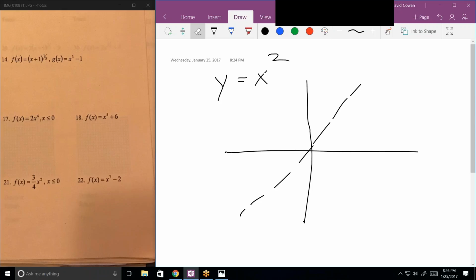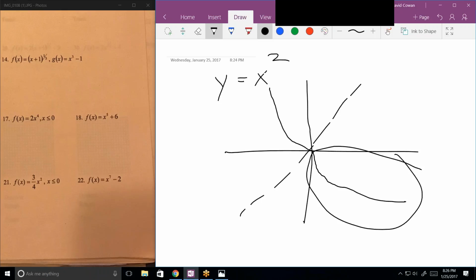So it's this part only that I'm going to reflect about that line, and that comes out to be the bottom half. That's the reflection. And so this is the inverse function right there of x squared.